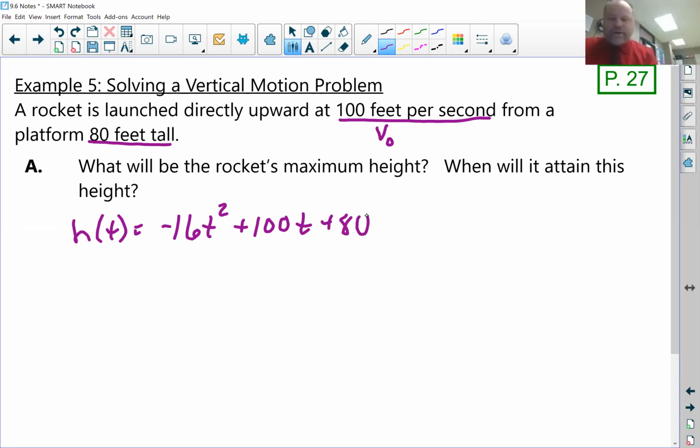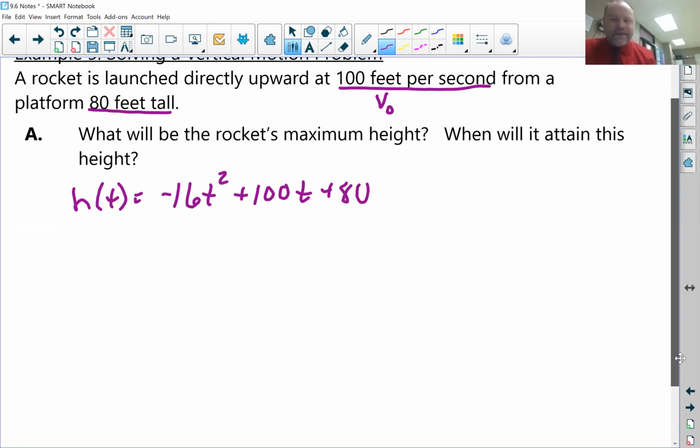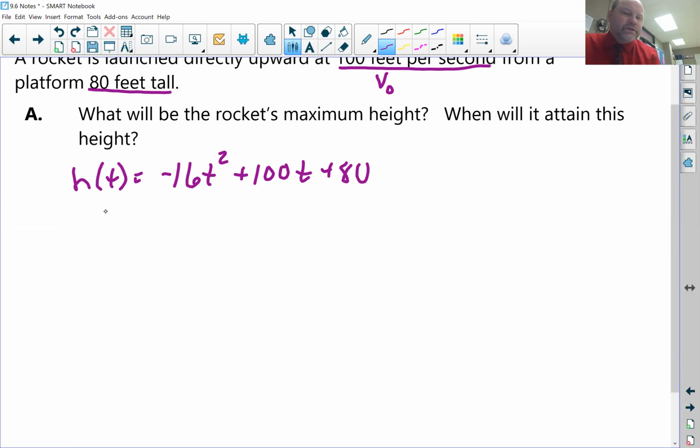What is the maximum height? When will it attain the maximum height? It's actually easier to do it the other way around. Find the time it gets to the maximum height: the opposite of b divided by 2 times a.